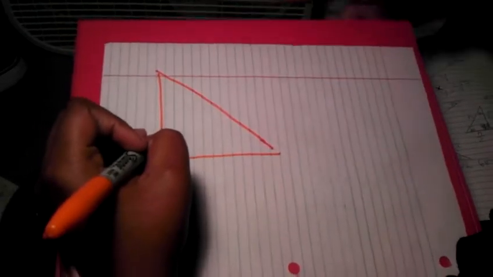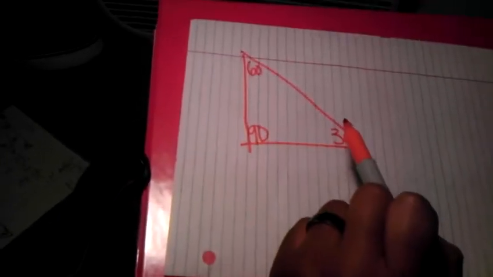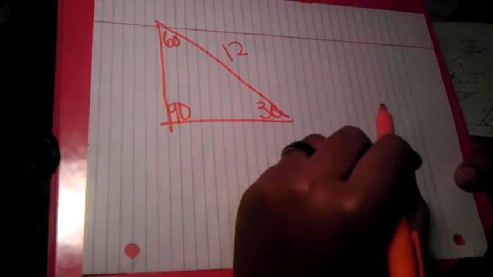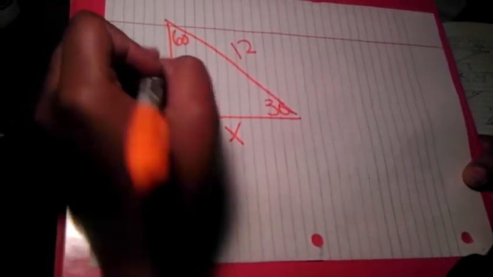And let's make this side 30 and this 60. It's drawn a little different from your other one, but you solve it the same way. So let's say that you're given the length of your hypotenuse, which is 12. How would you solve for X and Y?